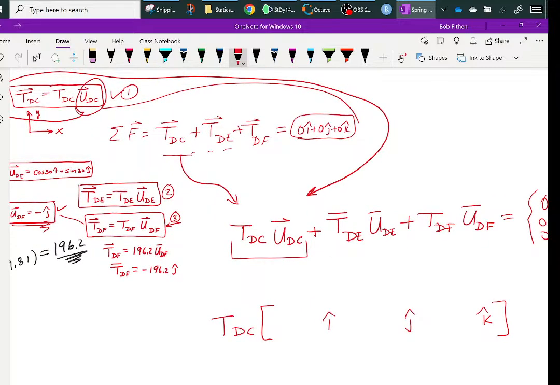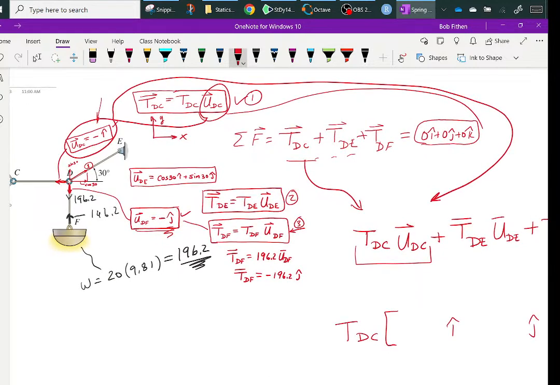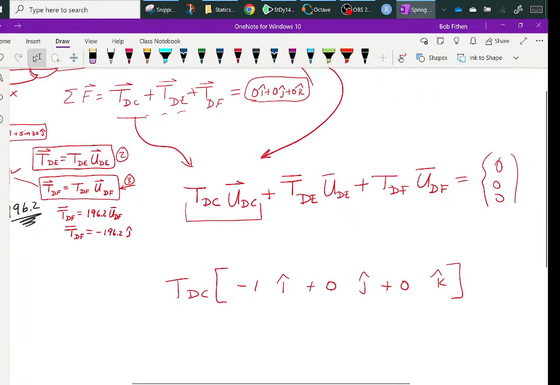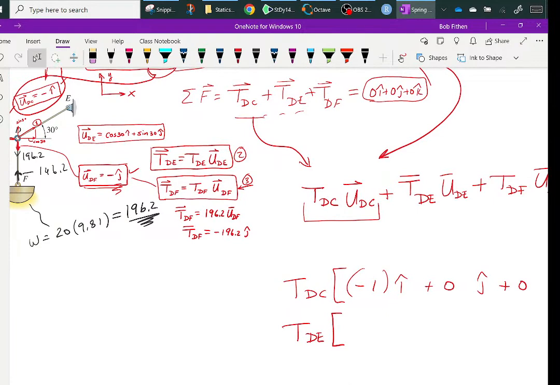What is UDC? It's just that, so it's -1 plus 0 plus 0. Big deal. Now let's do DE. If you look back at what UDE is, it's cosine of 30 i plus sine of 30 j plus 0k.